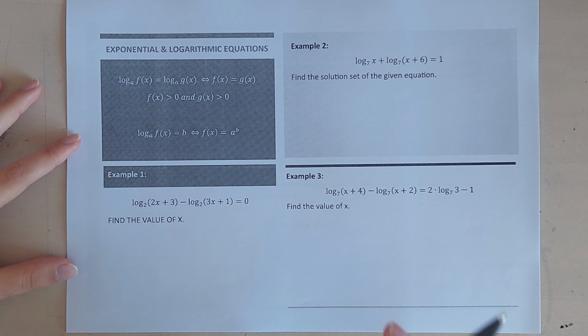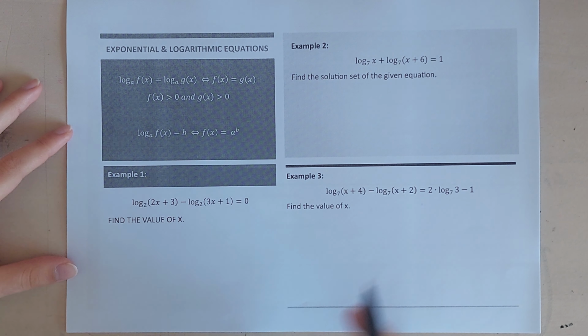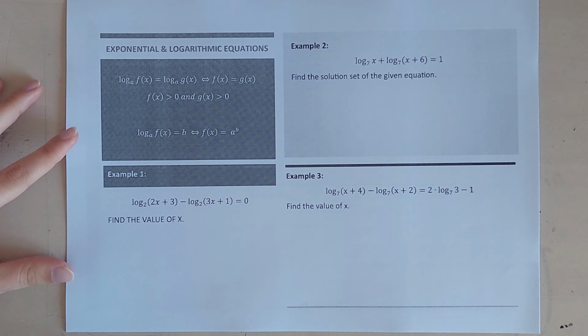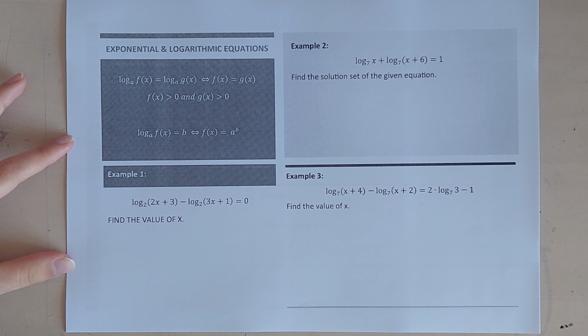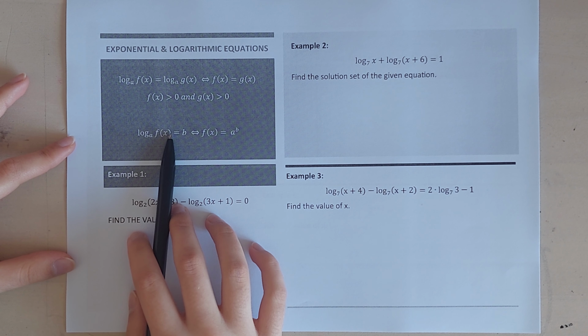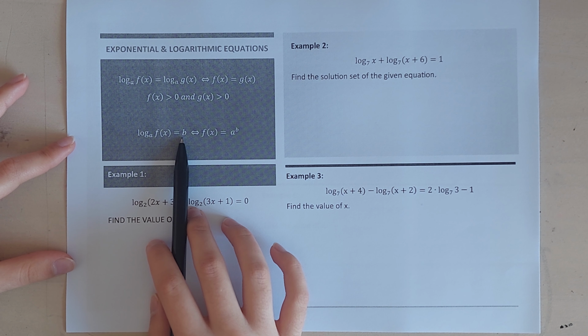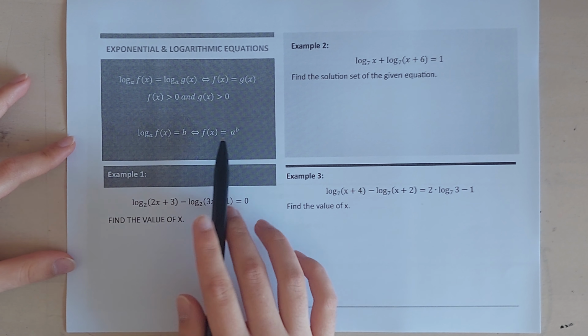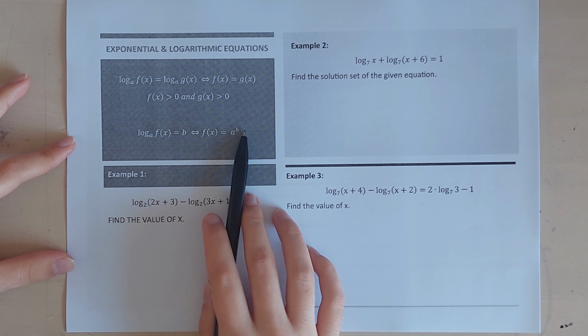This is the equation for logarithmic functions, and also don't forget that when converting a logarithmic function to an exponential function, we use this: logarithm of f(x) to the base of a is equal to b. Then f(x) is equal to a to the power of b.